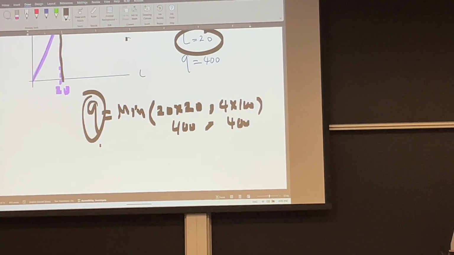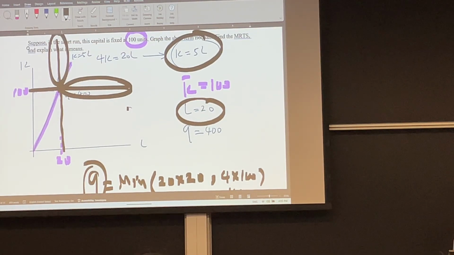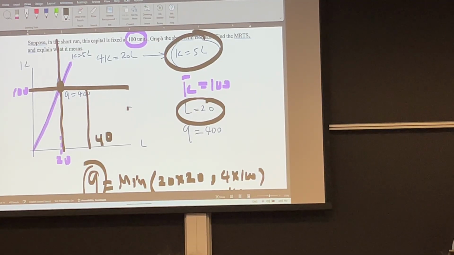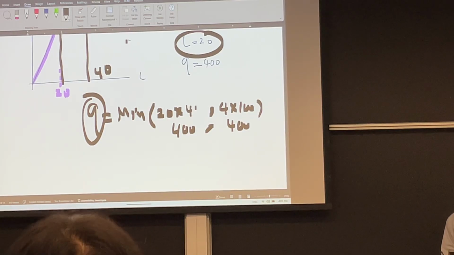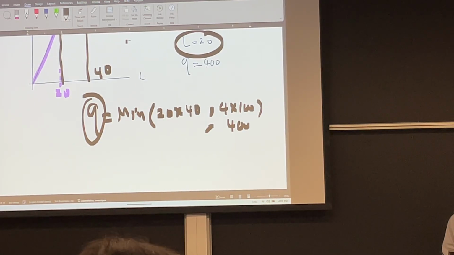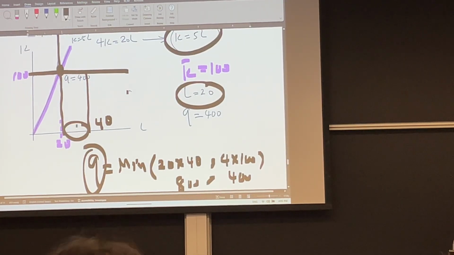You produce 400. What if it was different, not the same? Then you have too much labor or too much capital, which is inefficient. Say, just for the sake of it, if you would have used 40 labor, that would have been 800, but it would have still produced 400. So this extra labor didn't do anything. You don't go there because you assume the production is efficient.